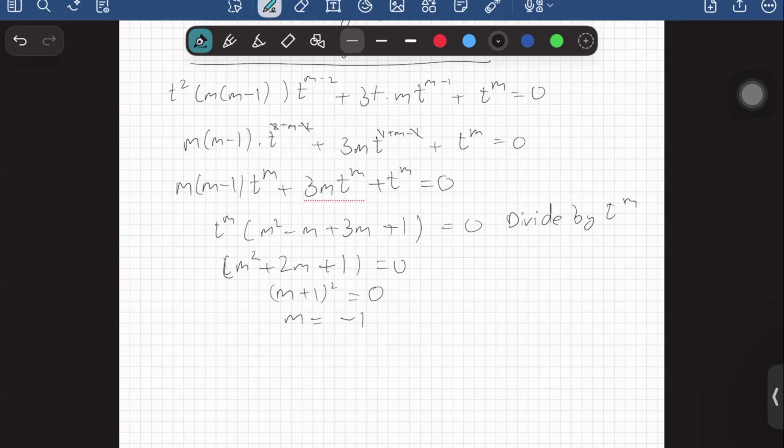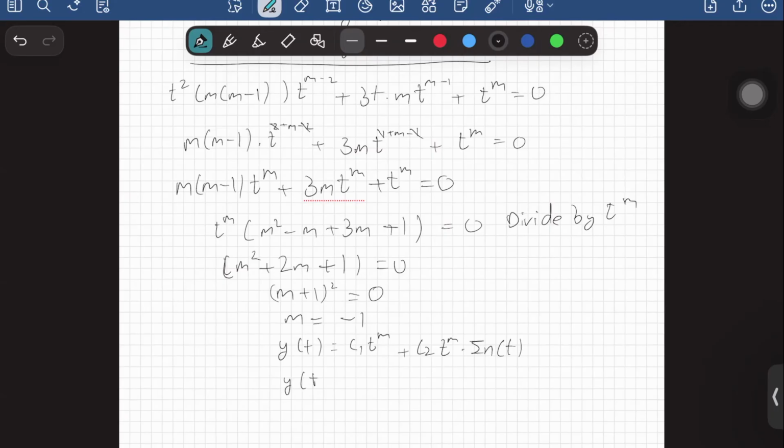Cauchy-Euler equation, right? So the general solution for this would be y of t equals c1 t to the m plus c2 t to the m multiplied by ln of t.